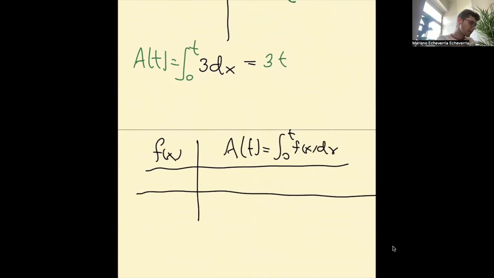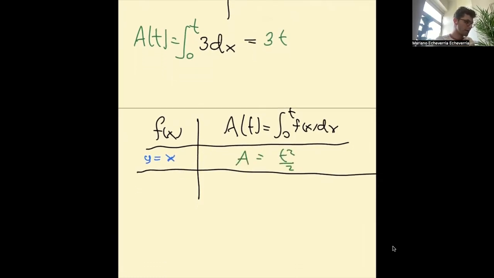So we just saw that if the function is y equals x, right? The area function is t squared over 2.